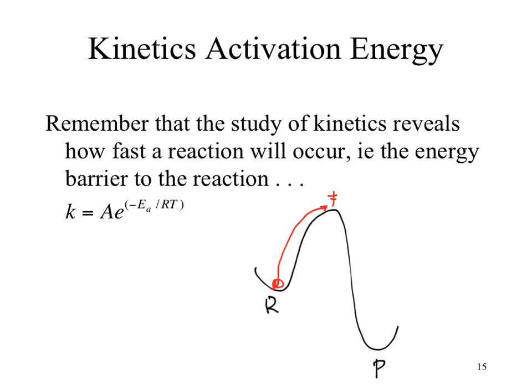Kinetics tells us about the relationship between the transition state and either our reactants or, for that matter, the products, if we change our perspective. It tells us nothing about the relationship between the reactants and the products. It just tells us the relationship to the transition state. So that Ea is our activation barrier, the energy difference between whatever we're looking at, reactants and transition state, or products and transition state.